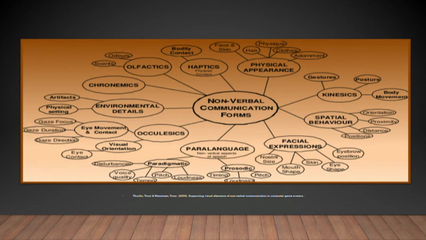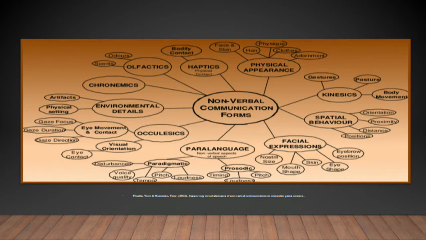If you are too fat, that adds to the fact that you are lazy. So that is what you communicate indirectly through your physique. Your clothes that you wear become very important. How you present yourself becomes very important. So that is the part of the physical appearance of non-verbal communication.